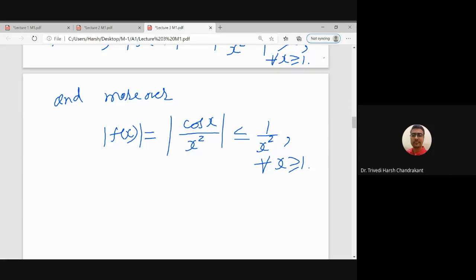Therefore this function we can dominate by a function g(x), and the integral of g(x) is convergent, right?